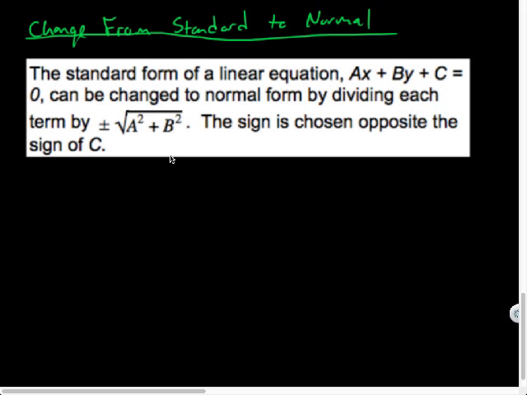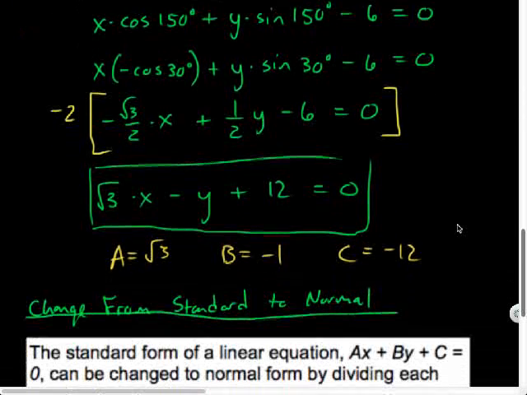All right. So A and B are respectively the values from standard right there. And it says the sign is chosen opposite the sign of C. I guess I might as well commit to this positive C thing, don't I? Yeah. We'll call C positive 12 here.